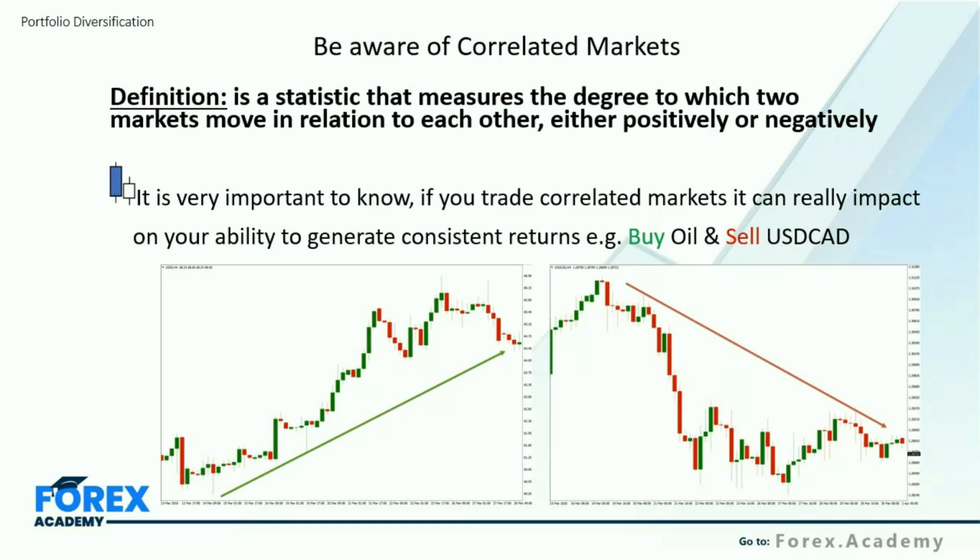It can be a bit of a no-brainer decision to make on occasion, but the problem comes if you're not aware of that correlation. If you happen to be buying the oil markets and selling the dollar CAD, then if we get a push to the upside in the oil and the dollar CAD sells off, you have the potential to double your profits.